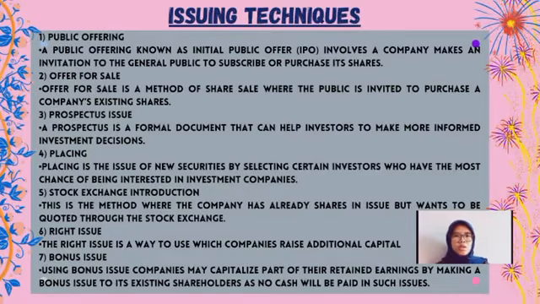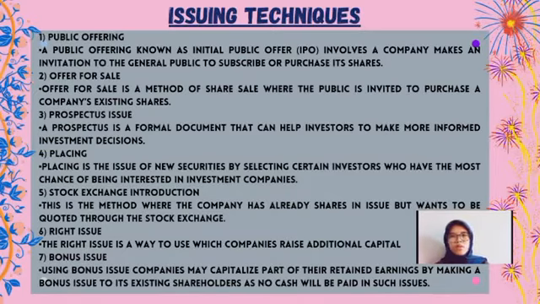Offer for sale is a method of share sales where the public is invited to purchase a company's existing shares. A prospectus is a formal document that can help investors make more informed investment decisions. Placing is the issue of new securities by selecting certain investors who are most likely to be interested in investing in the company.